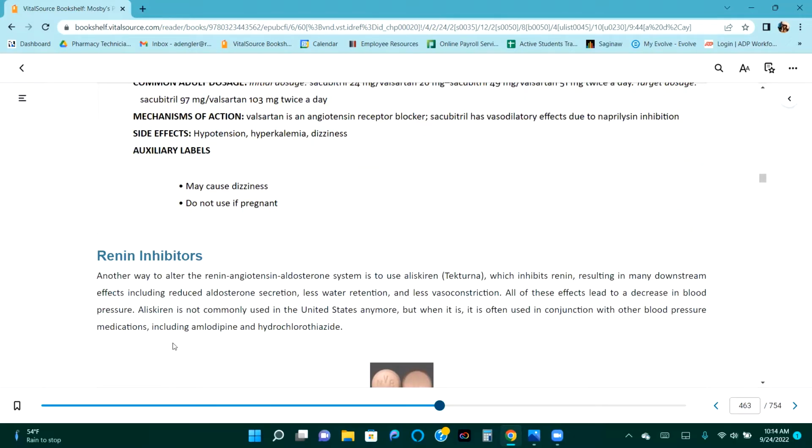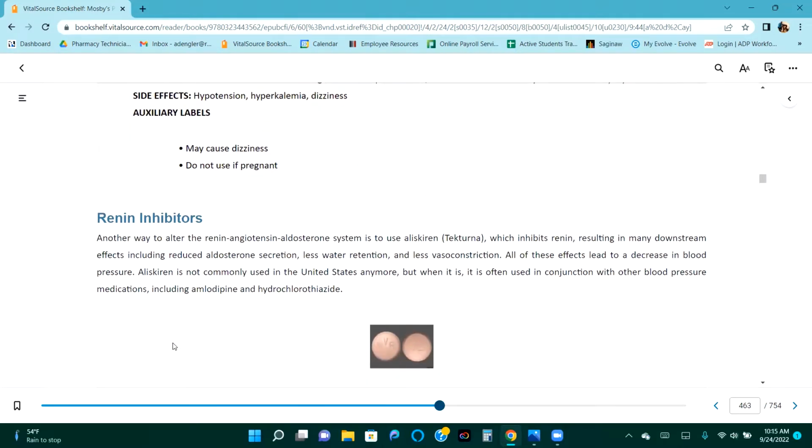Another way to alter the renin angiotensin aldosterone system is to use Tekturna, which inhibits renin, resulting in many downstream effects, including reduced aldosterone secretion, less water retention, and less vasoconstriction.